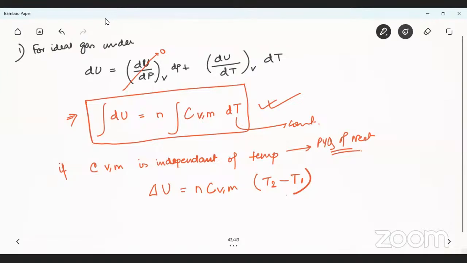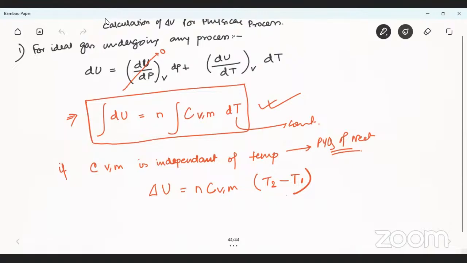So this is the basic thing you will be doing only for ideal gas. And what we are doing here is the calculation of delta U for a physical process. We have already done this for ideal gas.